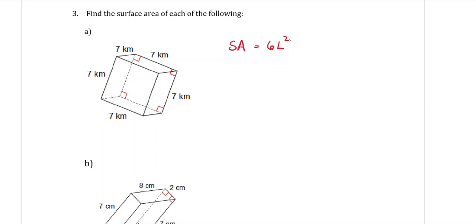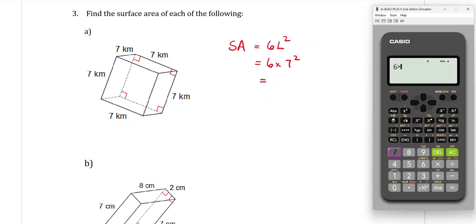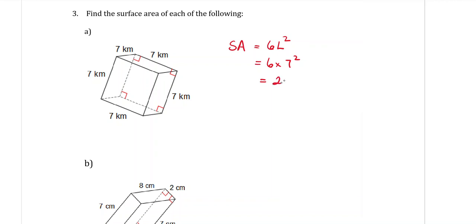Those ones there. They say 7. So all the sides are all 7, so it's going to be 6 times 7 squared. In the calculator is 294 kilometres squared.